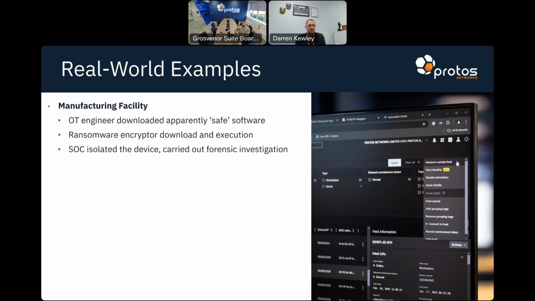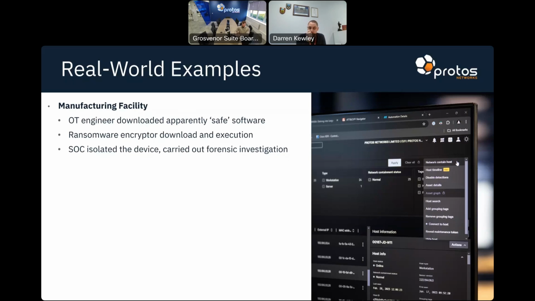So one did an apparently safe bit of software. Now, the actual manufacturer of one of their systems had sent them a link for this. He downloaded it, and the minute he executed that file, it started launching a whole heap of other processes.